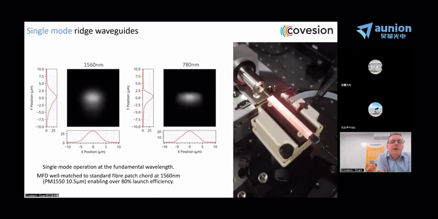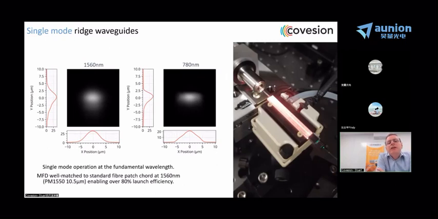By having a 10 micron mode field diameter, we can achieve very good coupling to PM1550 fiber. And this is important for packaging the waveguide into a module that is easy to use by the end customer. We typically achieve 80 to 90% coupling efficiency on the input of our fiber coupled waveguide modules.